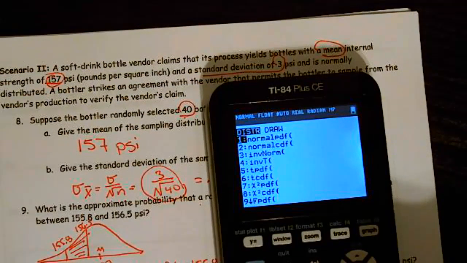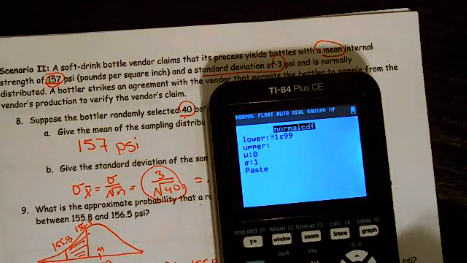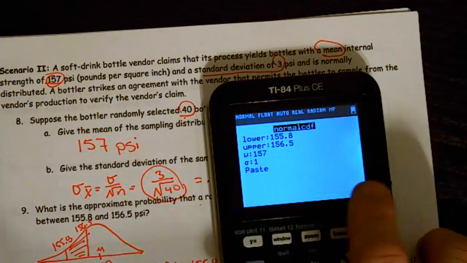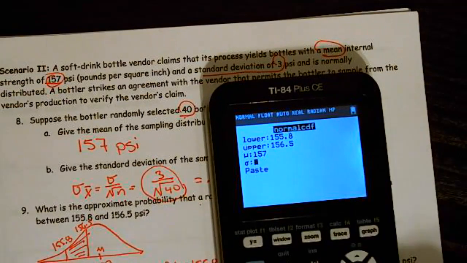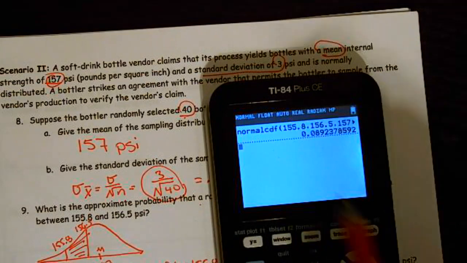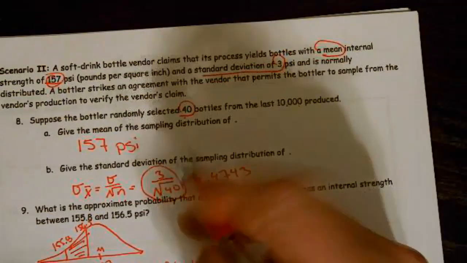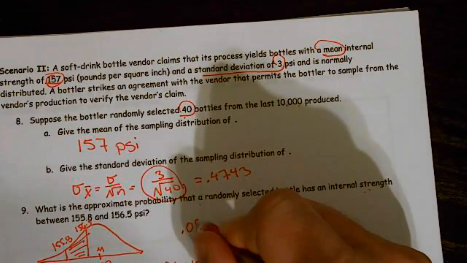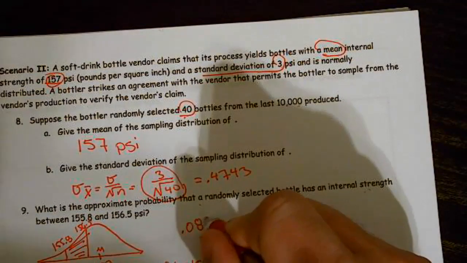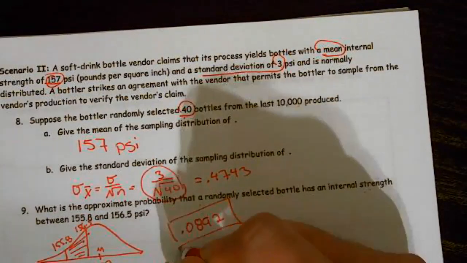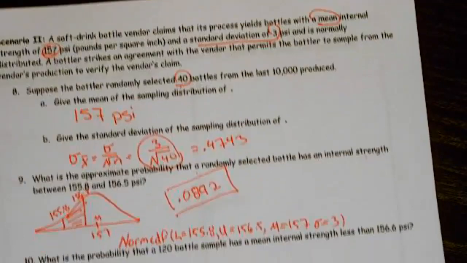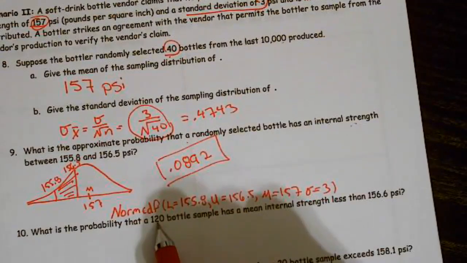Second vars, norm CDF, lower 155.8, upper 156.5, mean 157, and standard deviation of 3. We find out that our answer is 0.0892, 4 decimal places.